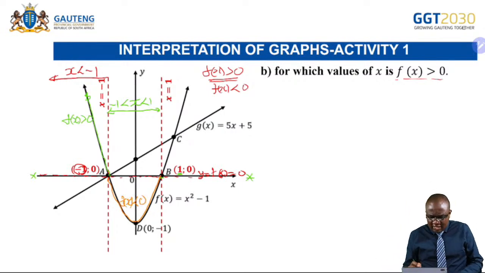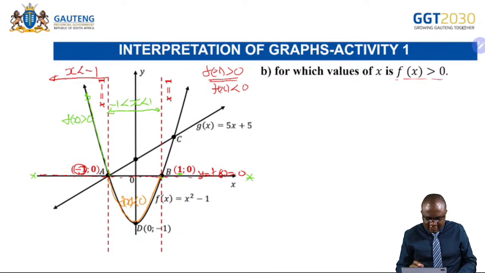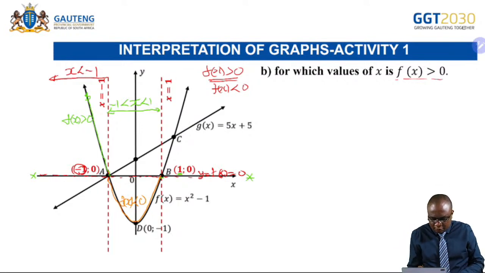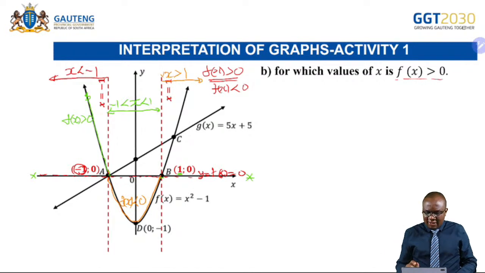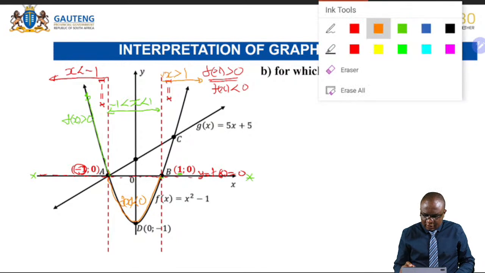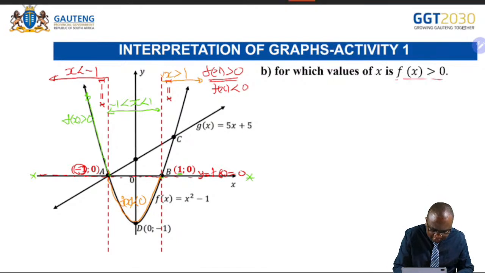Okay? And then we have again the last part, which is from here. Now I've written a lot of things. Is x greater than 1, to the right of this dotted line. X greater than 1. Okay, where is f of x? If you check, okay, this is your f of x.